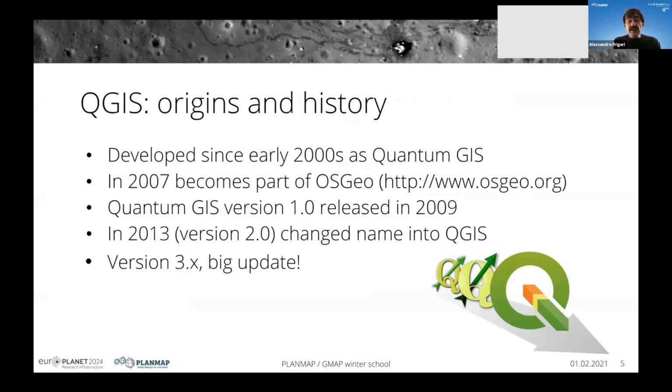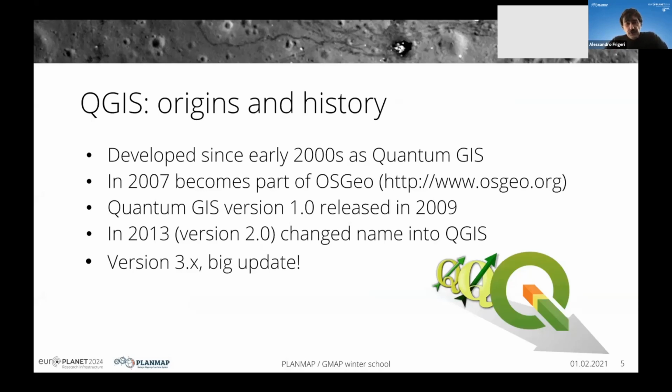And in 2009 it becomes 1.0, which in terms of maturity means that it starts to be mature enough to be used. And in 2013, the official name becomes not Quantum GIS anymore, but QGIS.